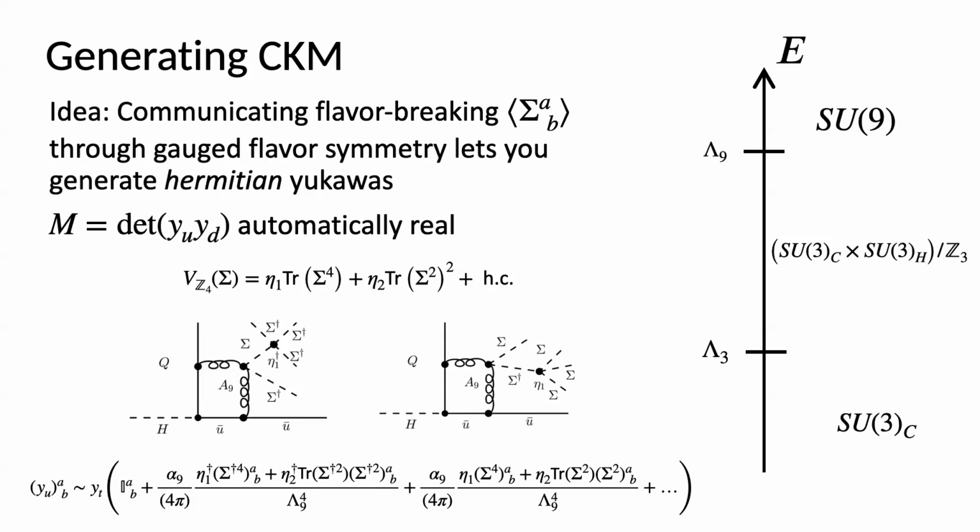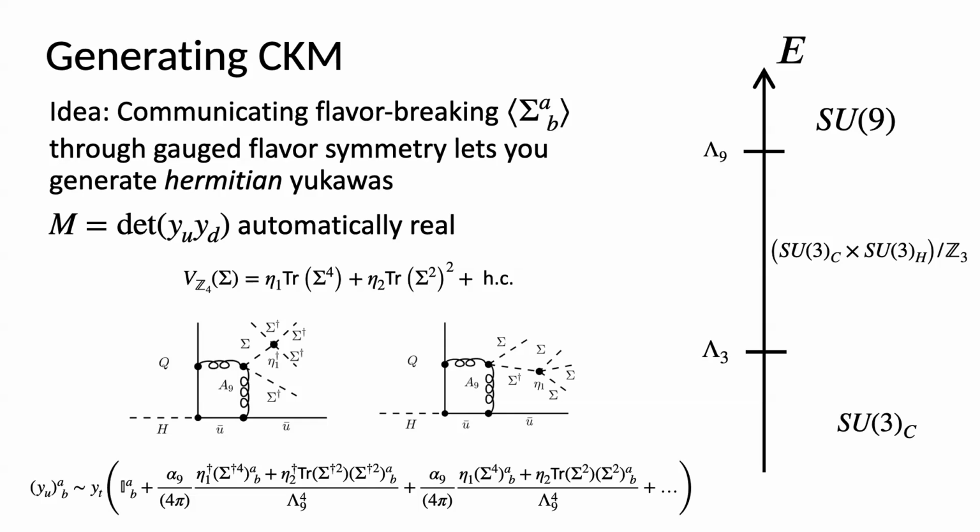And what do I want to say here in a minute? Well, good. So this scalar that's getting a VEV has some CP violating terms in its potential. These are complex.